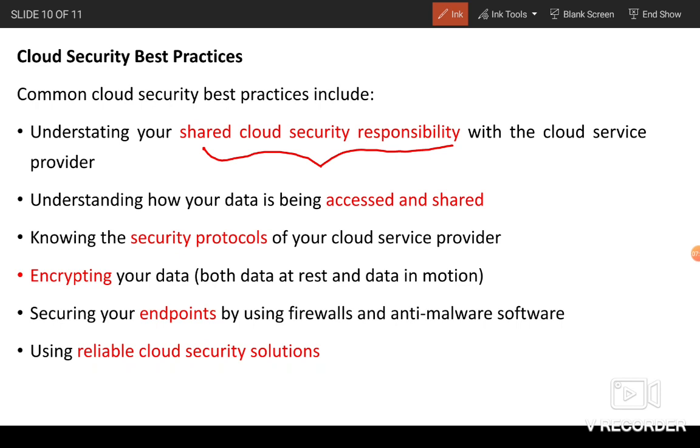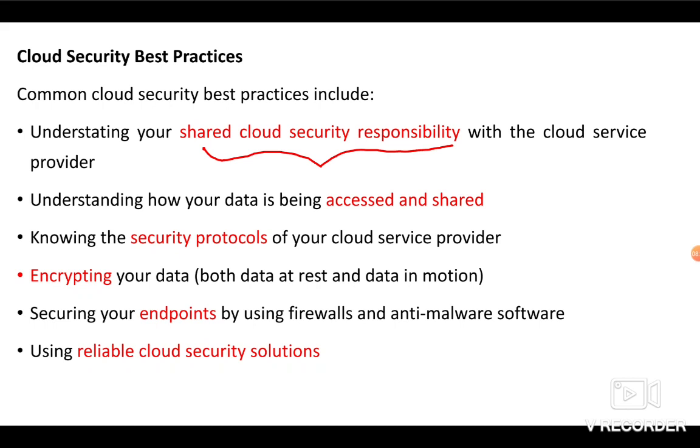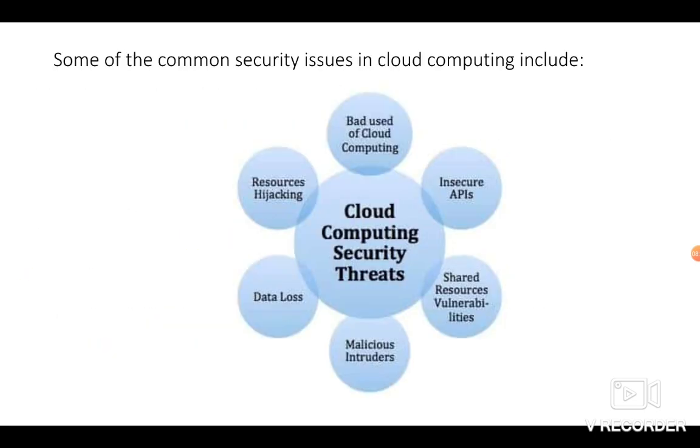We can go for encryption to hide our data from attackers. Similarly, you can secure the endpoints by using firewalls or anti-malware software. Then you can use a reliable cloud security solution. These are some of the best cloud security practices.